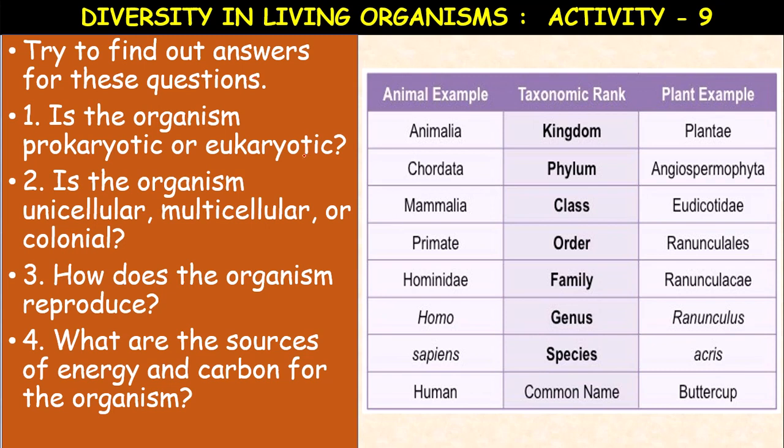So after identifying, you have to give the name, and you can write the taxonomic rank also like this if possible. Okay, for example, kingdom Animalia, kingdom Plantae. 2 examples I have taken here. One is human, and the other one is buttercup.